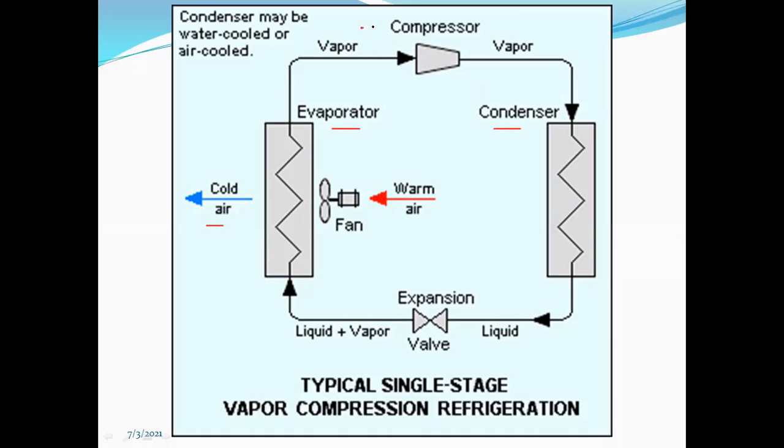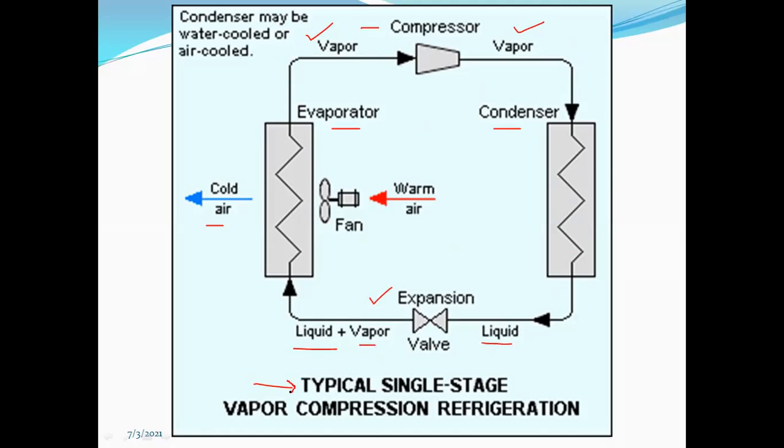Then at the middle top, the compressor. Here the phase is vapor, and again here is the vapor phase. Opposite to the compressor we have the expansion valve, and liquid reaches inside it, and at the outlet of the expansion valve we have liquid plus vapor.